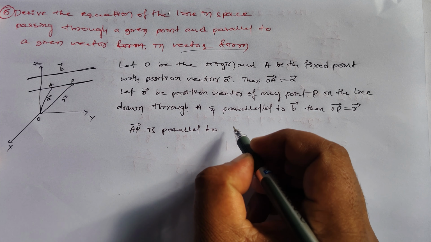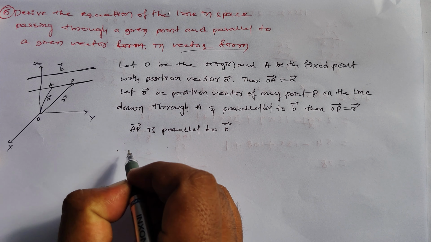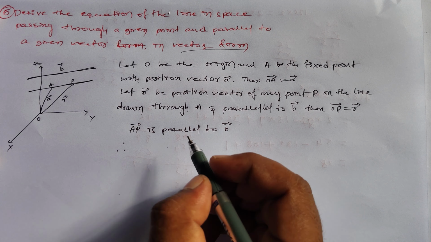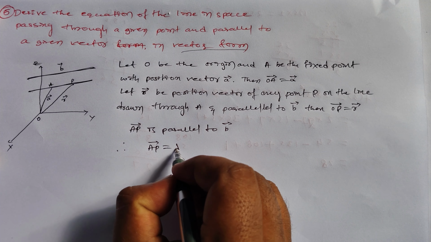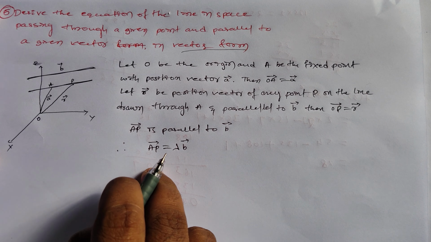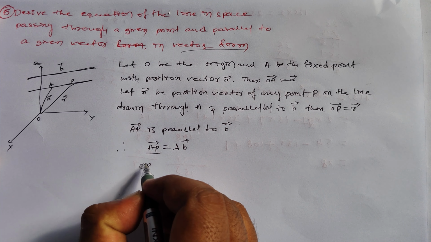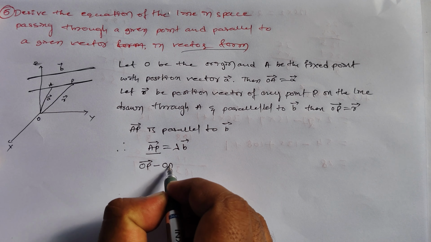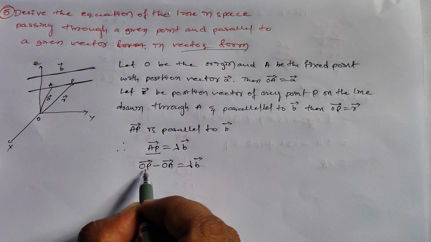Parallel to B vector. Okay. So now, if the lines are parallel, what will the vector be? AP is equal to lambda into B vector. Okay, this comes inside the vector, right? What does the AP vector mean? The position of P vector minus the position of A vector is equal to lambda B vector. So what is the position of P vector?